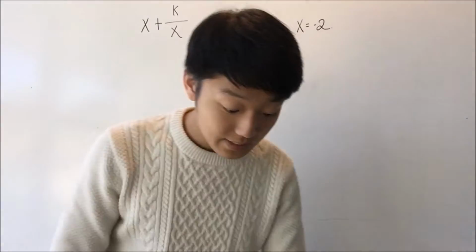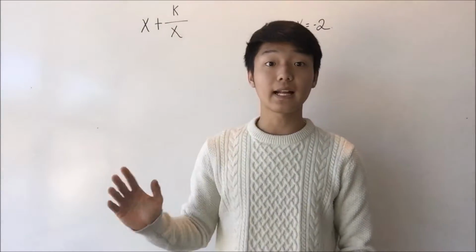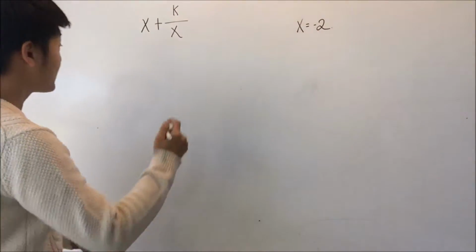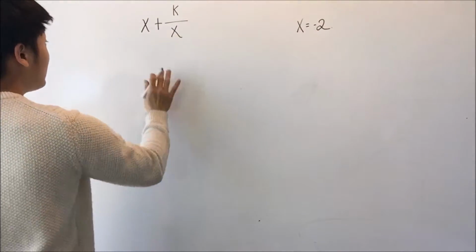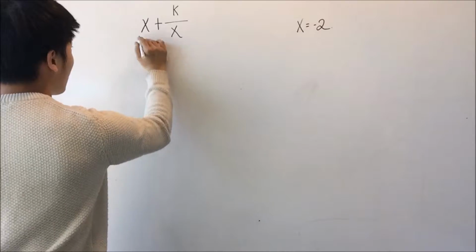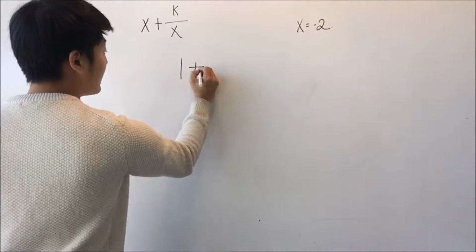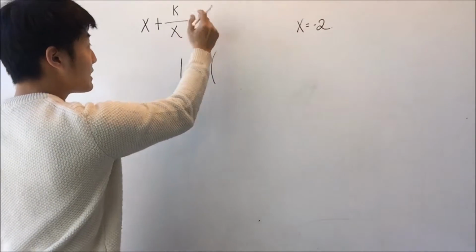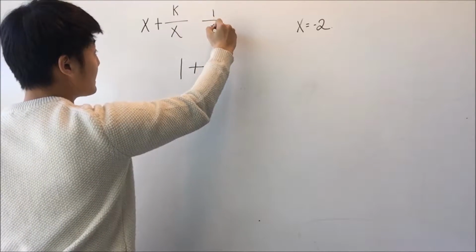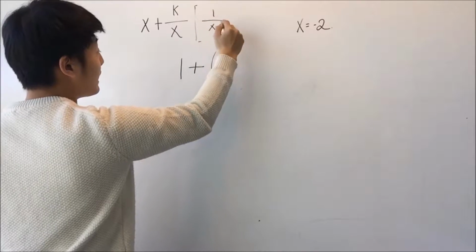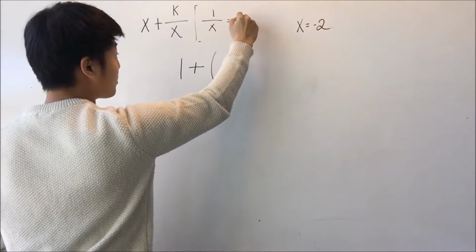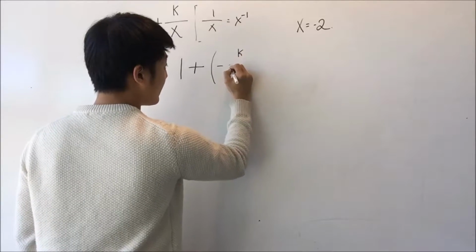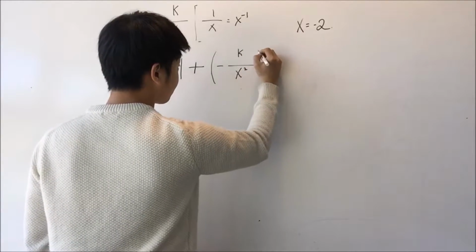Let's start this. Like I said, we need a y prime graph. Let's differentiate this. If we differentiate x, it will be 1 plus, and if we differentiate this, just think of it as k times x to the minus 1, and if we differentiate that, it will be minus k over x squared.